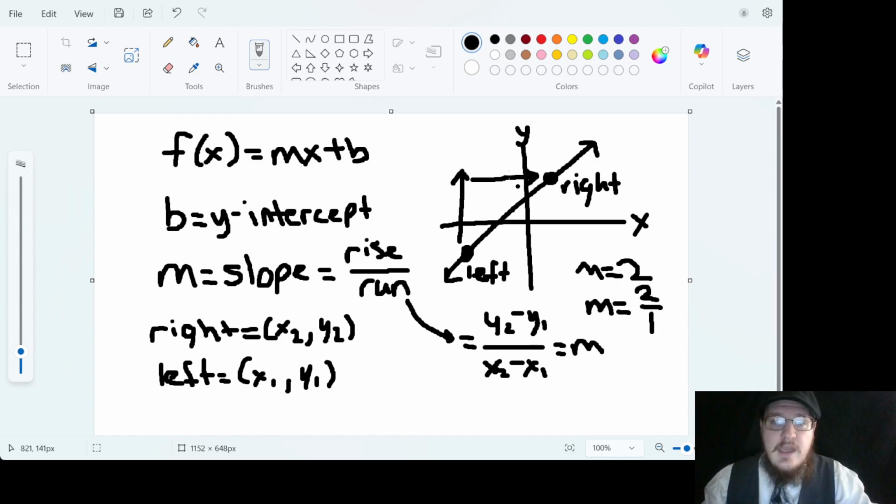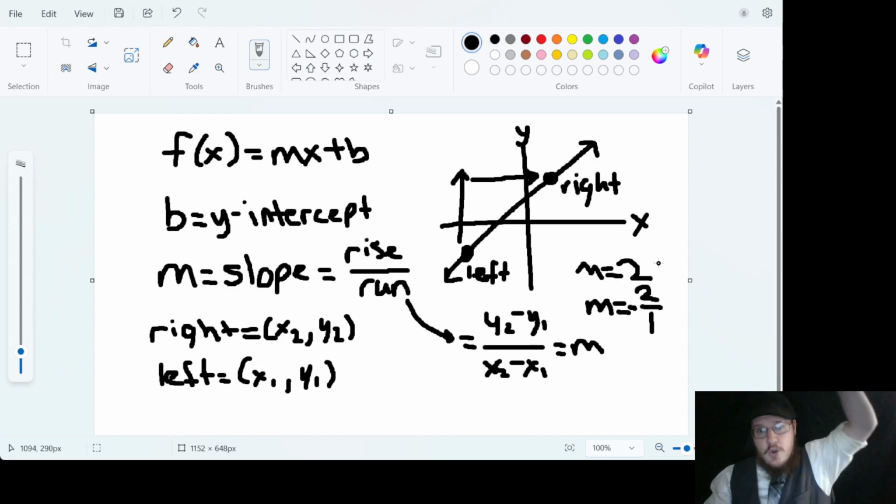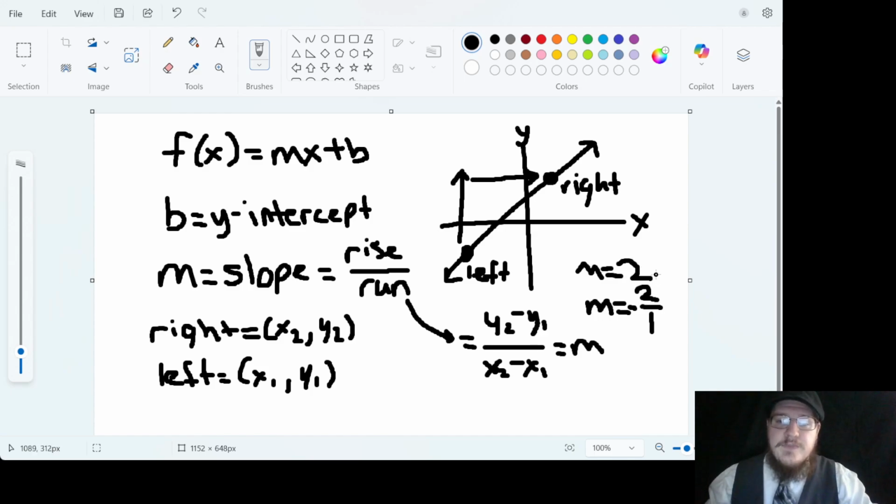Okay? And let's say it's a negative 2 over 1. What this means is we're going to go down 2 levels over 1, down 2 over 1, down 2 over 1. Okay? So if it's positive, it goes up. If it's negative, it goes down.